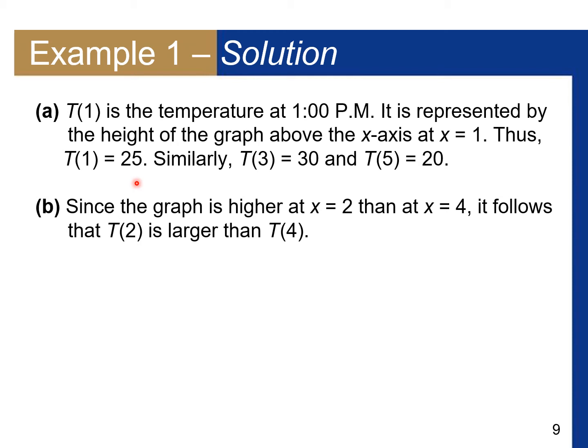And similarly at 3, it's about 30. And at 5, it's about 20. So since the graph is higher at x equals 2 than it is at x equals 4, it follows that the y value at 2 is going to be larger than the value at 4.